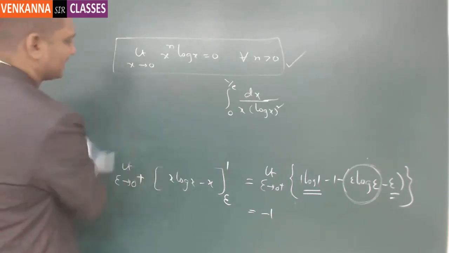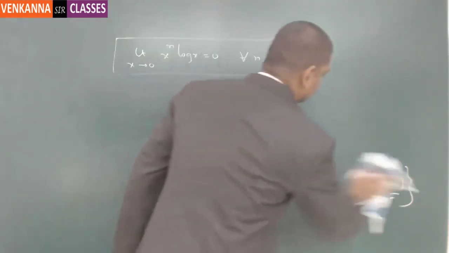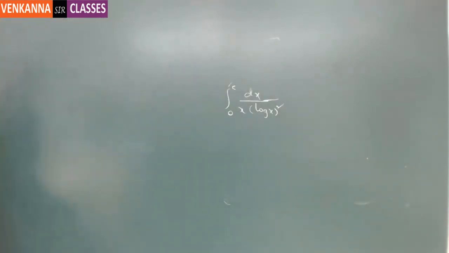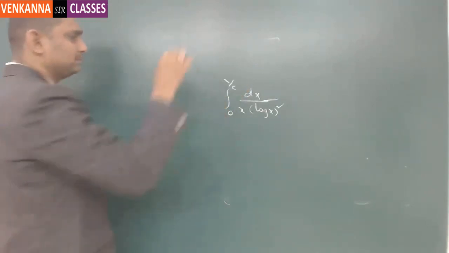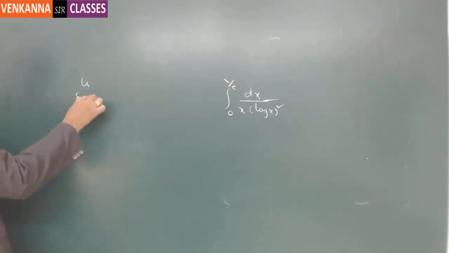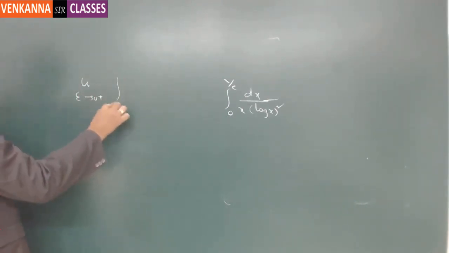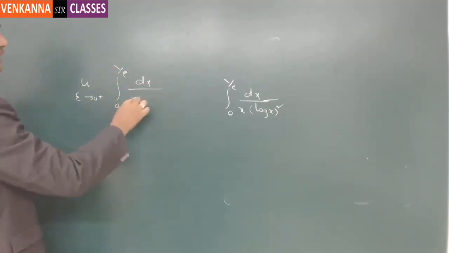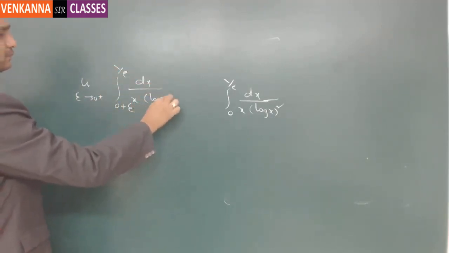Now for the second one, here also 0 is the only point of discontinuity for the function. So what happens here? You can write it as limit epsilon tends to 0 plus integral 0 plus epsilon to 1 by e dx by x into log x whole square.